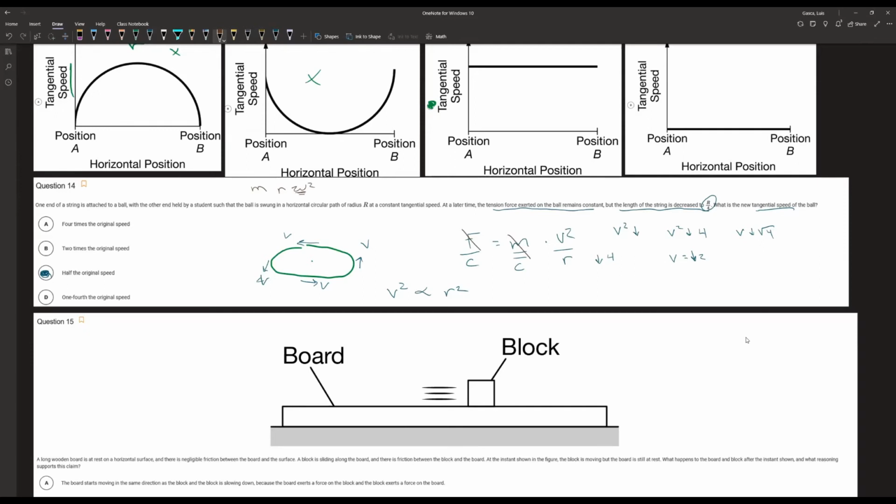The problem here is that it doesn't really change anything. Oh, sorry, no, it actually changes everything. Well, not that it changes everything, but the reason is we're talking about the tangential speed, not the angular velocity. Because the tangential speed is going to depend on the radius and the angular velocity changing.